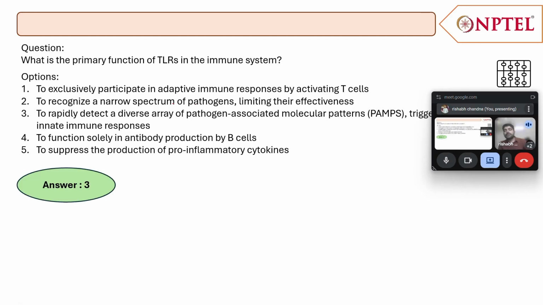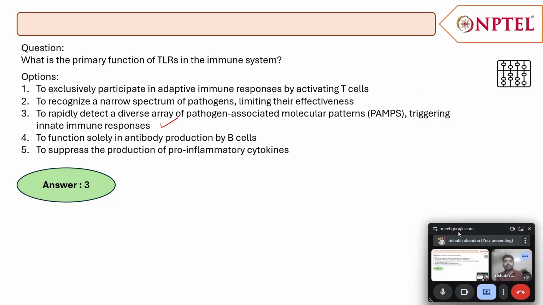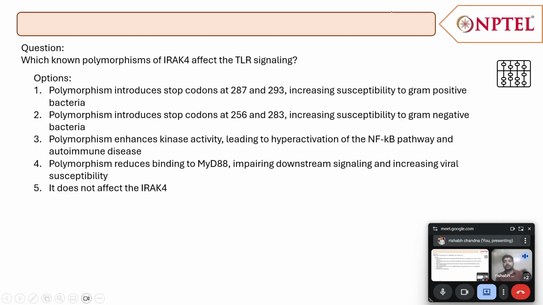That means it is able to rapidly detect the diverse array of pathogen associated molecular patterns that trigger the innate immune responses. This is the major function of the TLRs. These are involved majorly in the innate immune system. Okay, so let's move on to the next question.